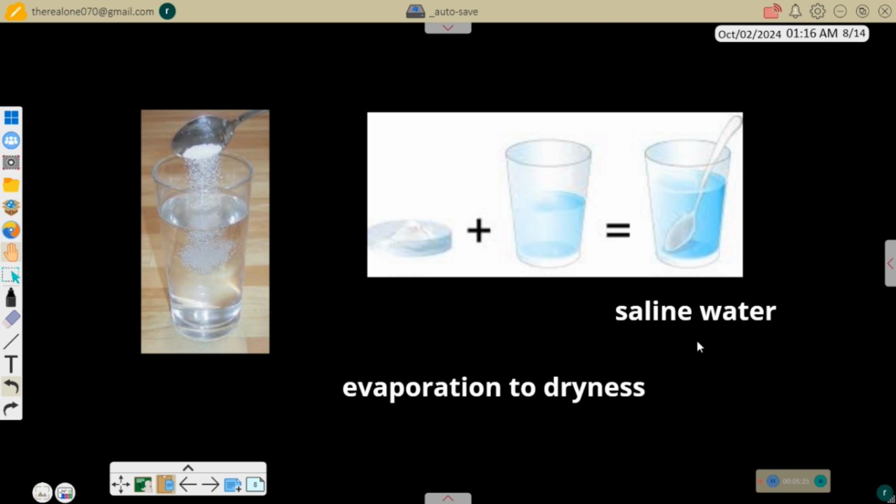By the time we try to recover our salt back, we observe that after sacrificing the solvent, which is water, our salt that we are going to recover will still be of 2 kilograms mass. And if we have the opportunity of regaining our water back, then the water will also remain its 5 kilograms. So that implies that there is actually no change in mass.